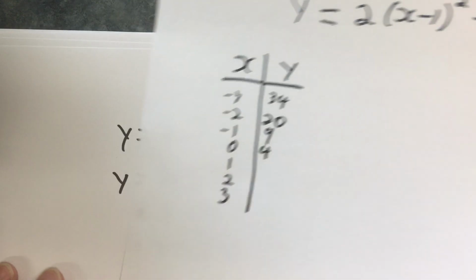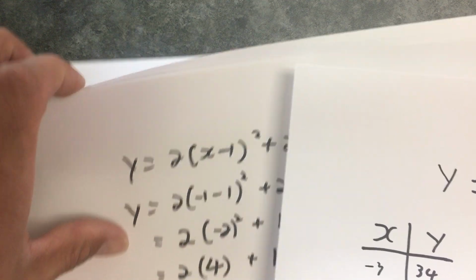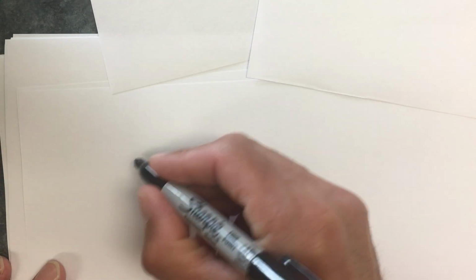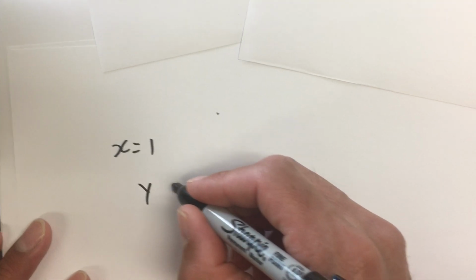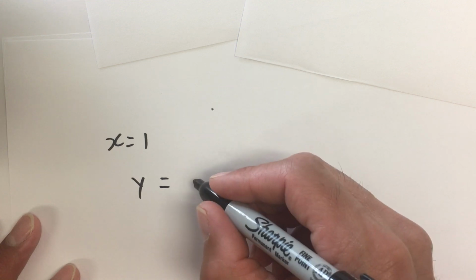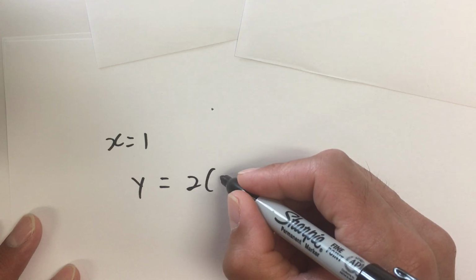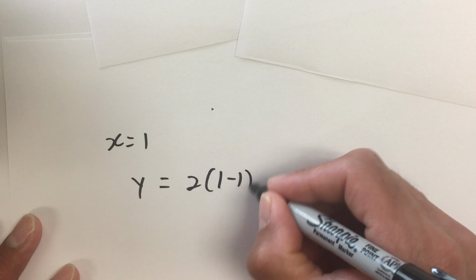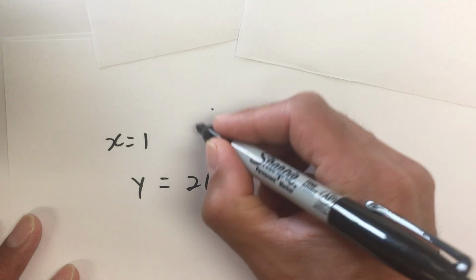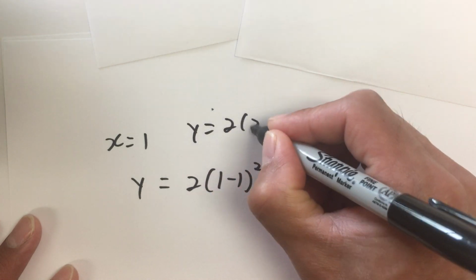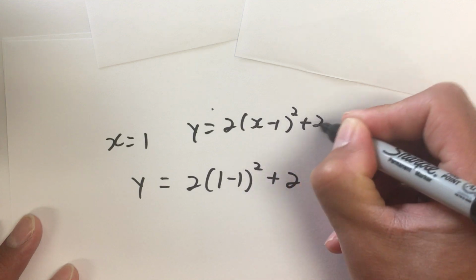Well, this one's kind of unique, so I'll take the time to write this one out for you. So I'm now doing the case where x is equal to a positive 1. So y is 2 times (1 minus 1) squared plus 2. Because remember, y is 2(x minus 1) squared plus 2.